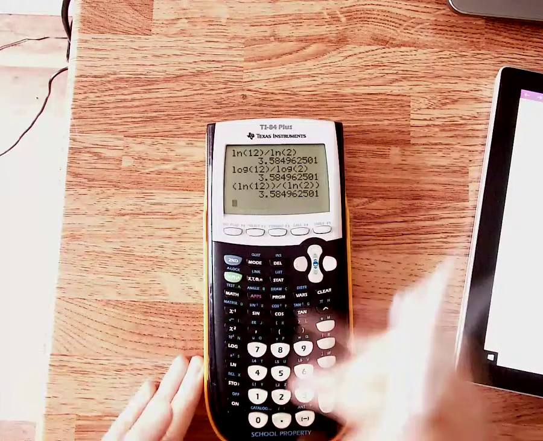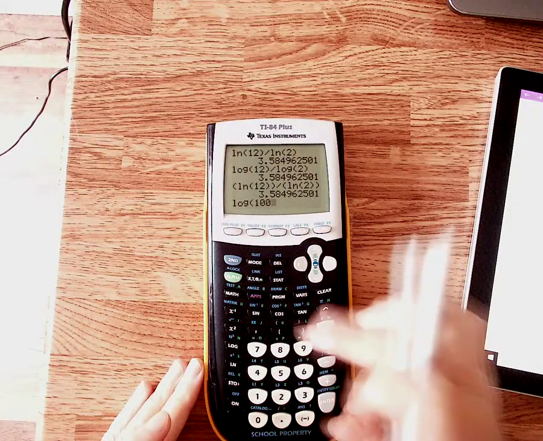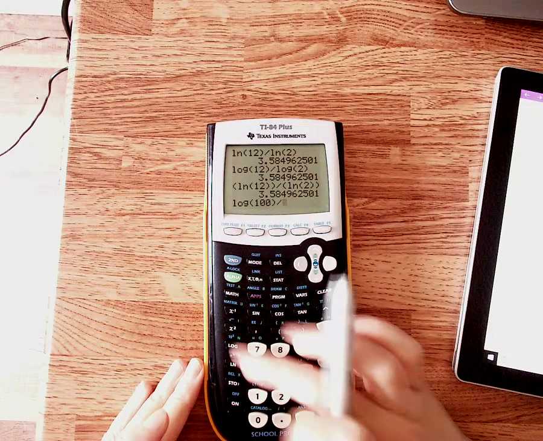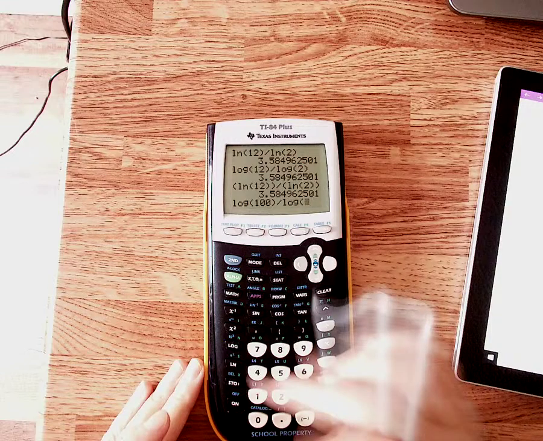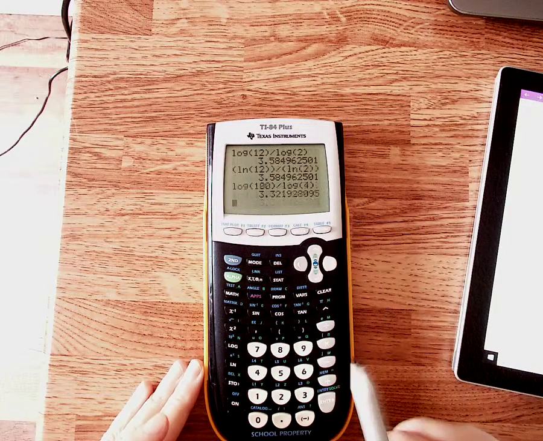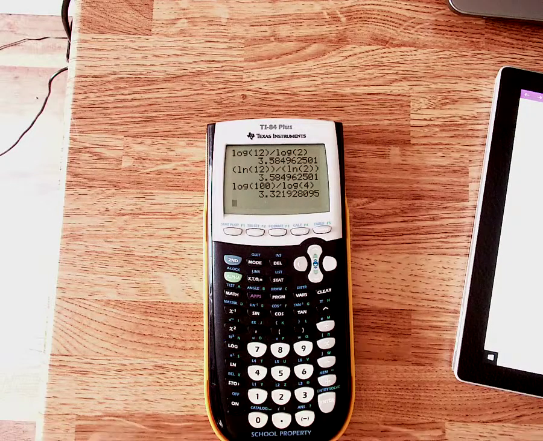We have common logarithm of 100, close the parentheses, divided by common logarithm of 4, close the parentheses. We have 3.3219. We round it down in this case.